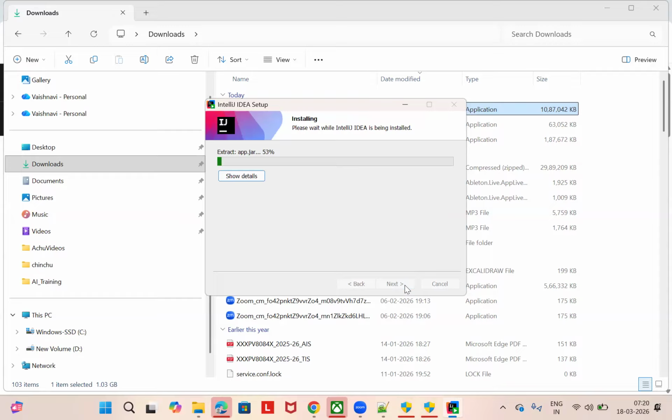And the remaining, these two buttons are flickering here, right, Vaishnavi? Yeah, click on cancel and close them. We clicked so many times. Anyways, IntelliJ will take some time to install.